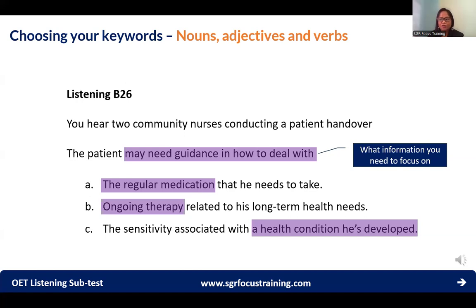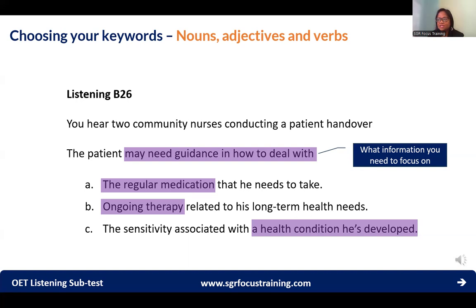So we are looking for something that he needs help with. When you say he needs guidance, he needs help, okay? Which one does our patient need help with? Is it about his medication? Is it about his therapy or something that he's developed, a new medical condition?